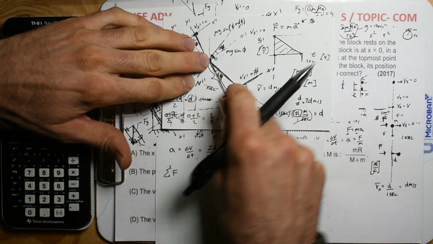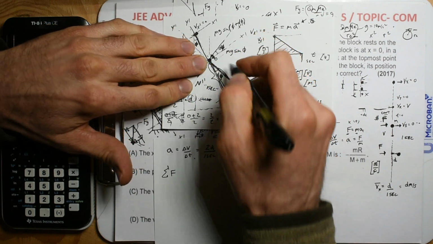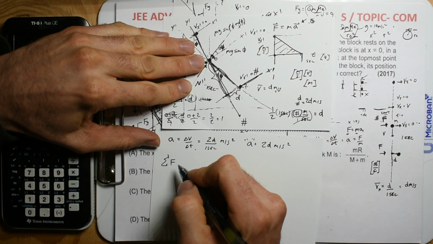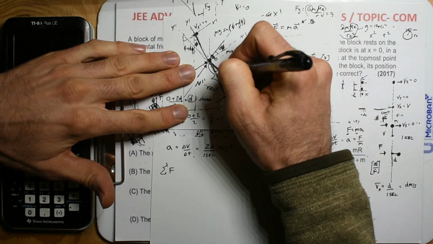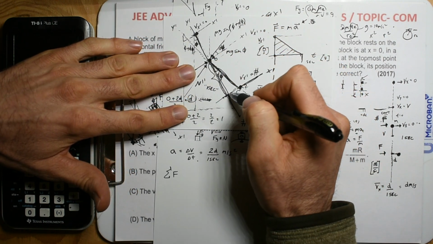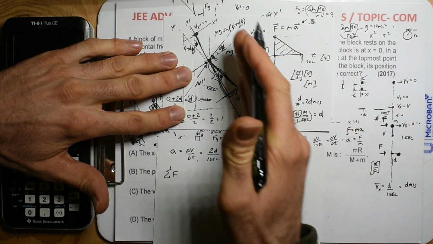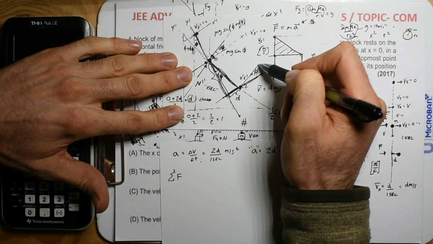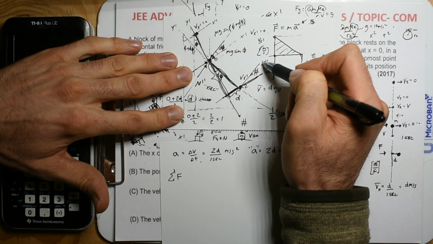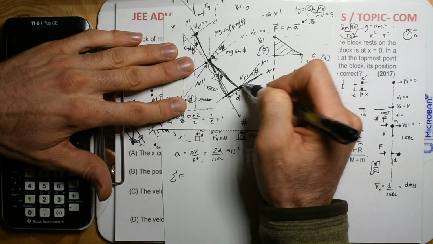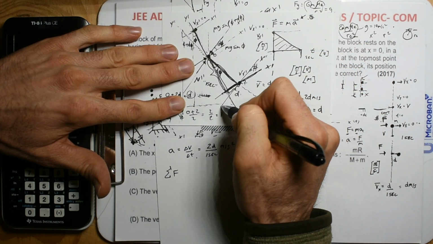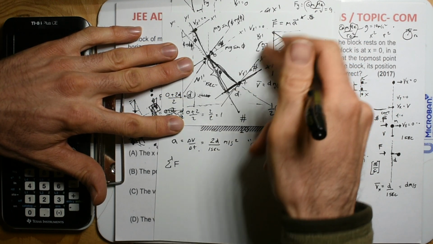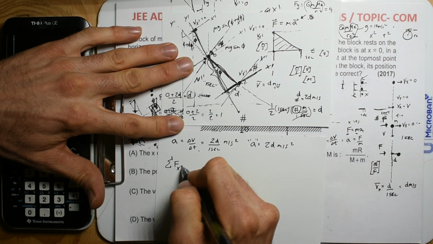Yeah, we're going to be on this shallower ramp, and I guess we just have to say that this direction is going to be similar to x double prime, because we still want to sum the forces in the x double prime direction.